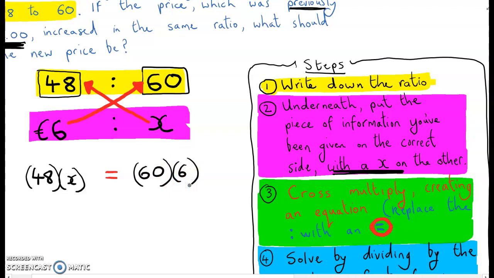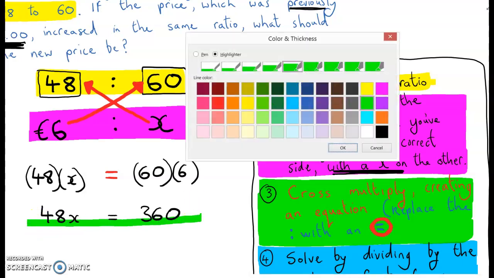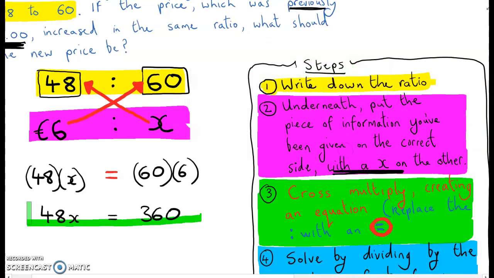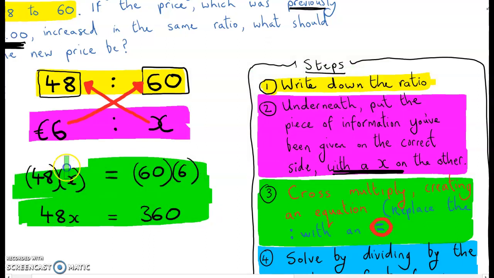Let's tidy that up a little bit. That means 48x is equal to 360. That's step 3. So far so good, I hope. Better get a fatter highlighter because it'll take me all day. There, step 3, we do it in green.